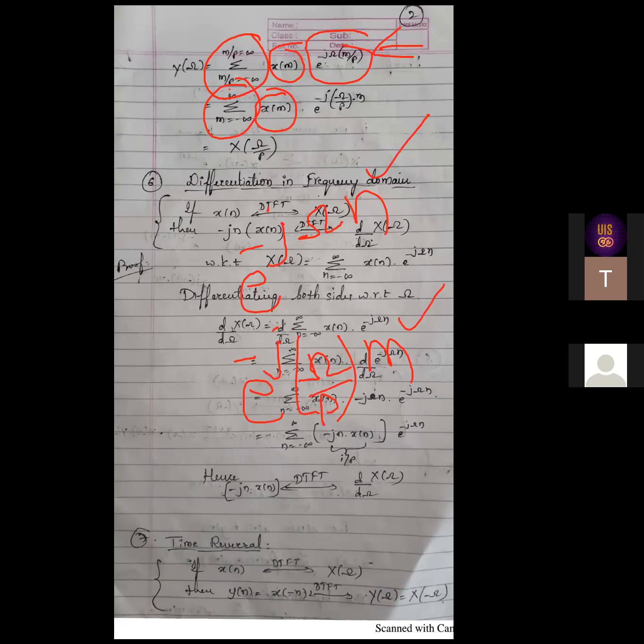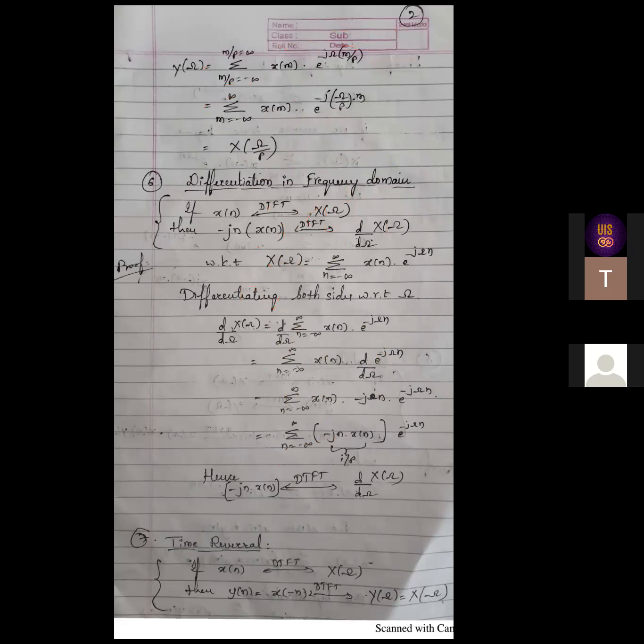If you just observe, in both the cases, in the general equation it is omega, here we got omega by p. That's why we can conclude that because we have this in the power, your Fourier transform will be for omega by p. This is about the scaling property.